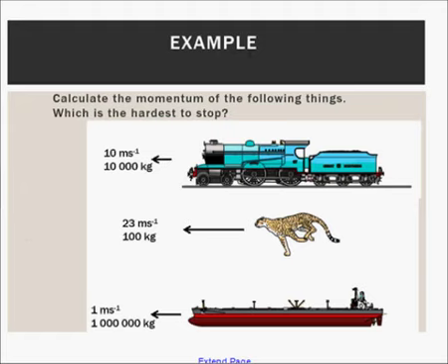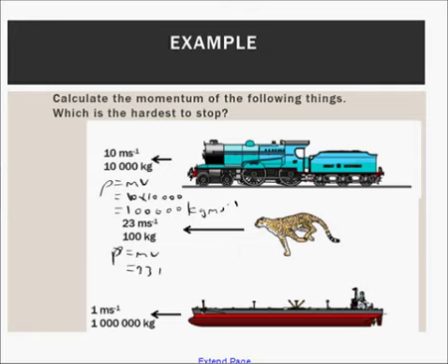So let's have a look at these two things. Calculate the momentum of the following things. Which one is the hardest to stop? So it's just using the formula, p equals mv. So this will be 10 times 10, 1, 2, 3, 10,000, so we're just adding another 0 on there, kg m s^-1. Here we go, you've got a cheetah, it looks like. So p equals mv.